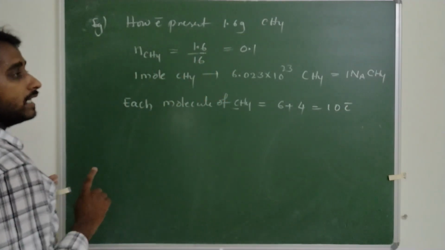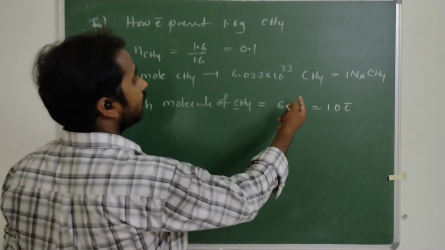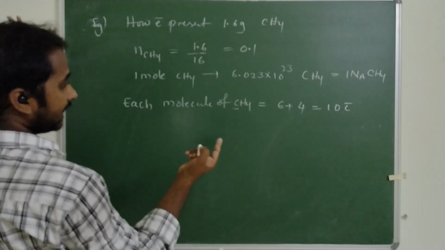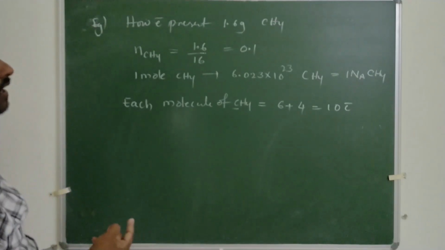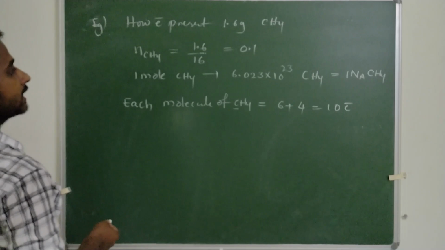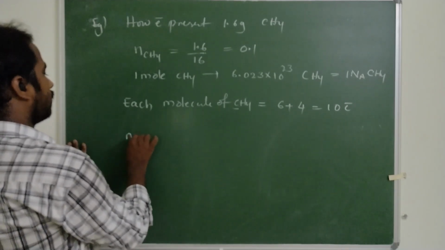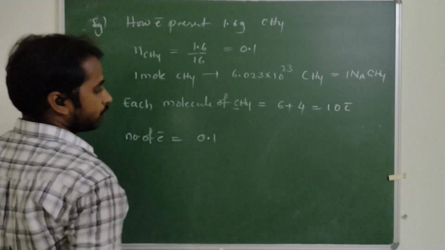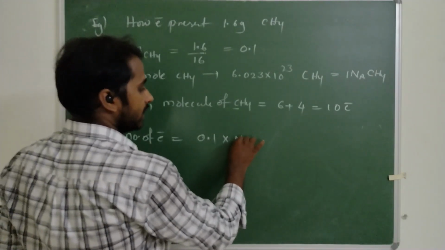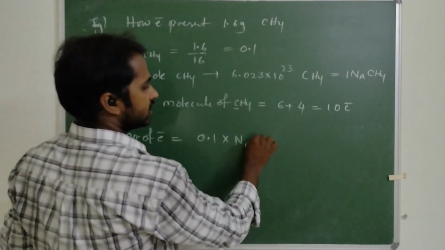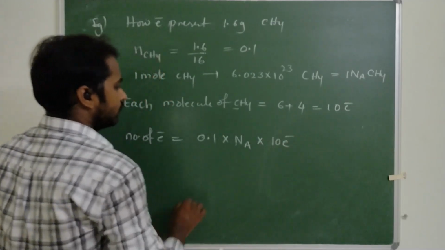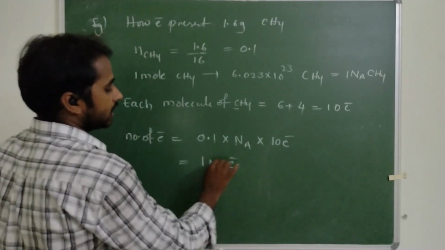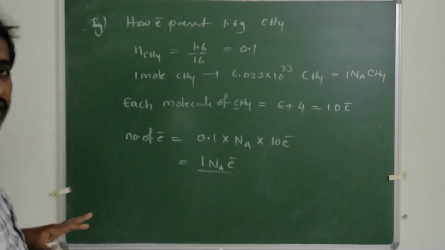But how many moles do we have? 0.1 mole. Each molecule has 10 electrons and each mole has Na particles. So total number of electrons is 0.1 mole, each mole having Na molecules, each molecule having 10 electrons. So total 0.1 into 10, 1 Na electrons. This is your answer, right?